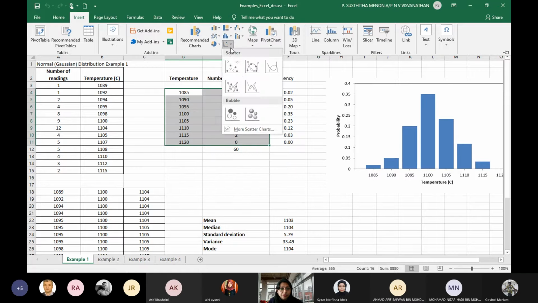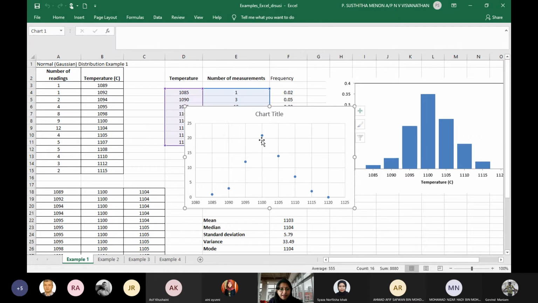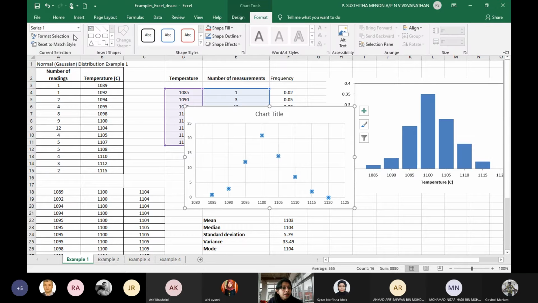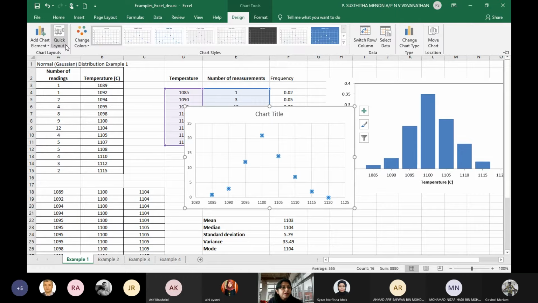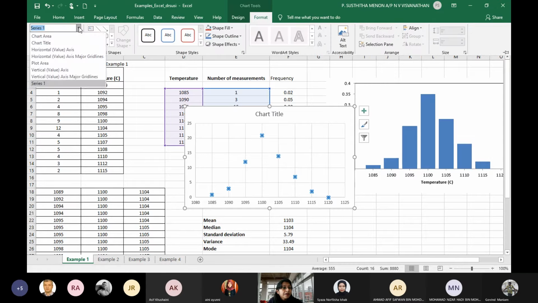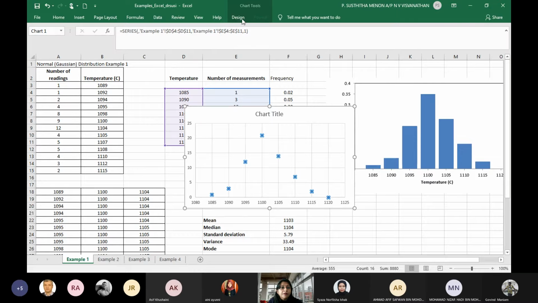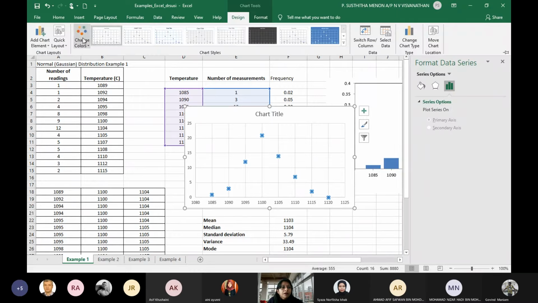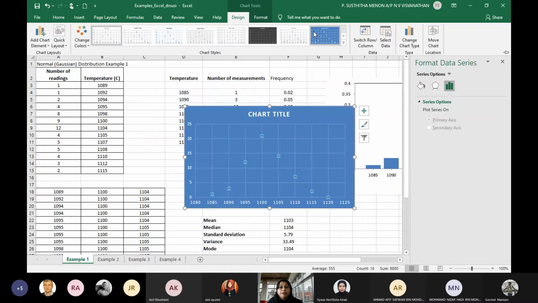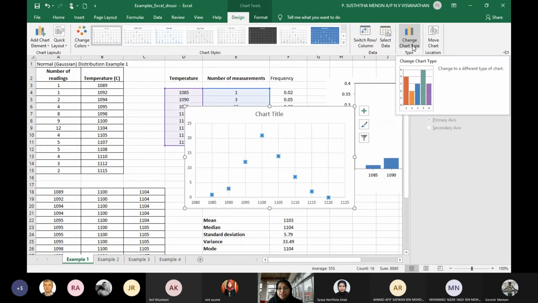But this one, I'm going to use as an XY, and then change the chart type.